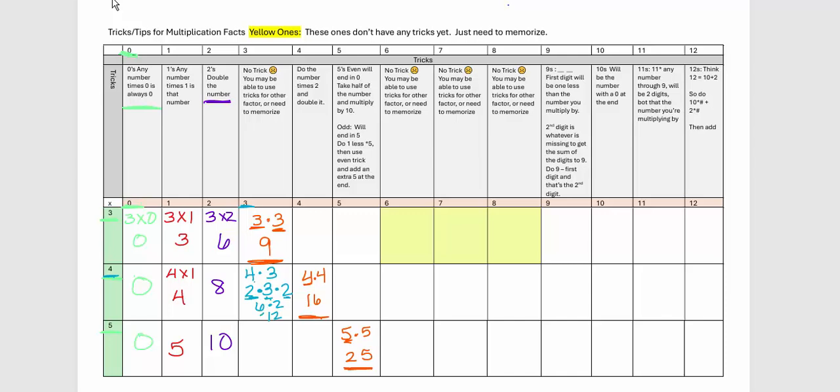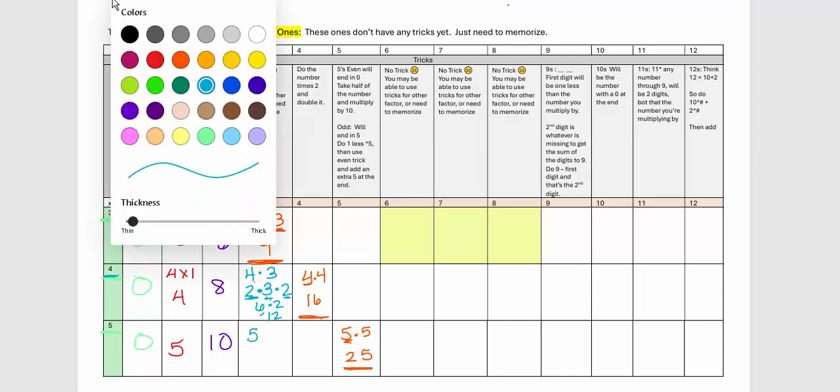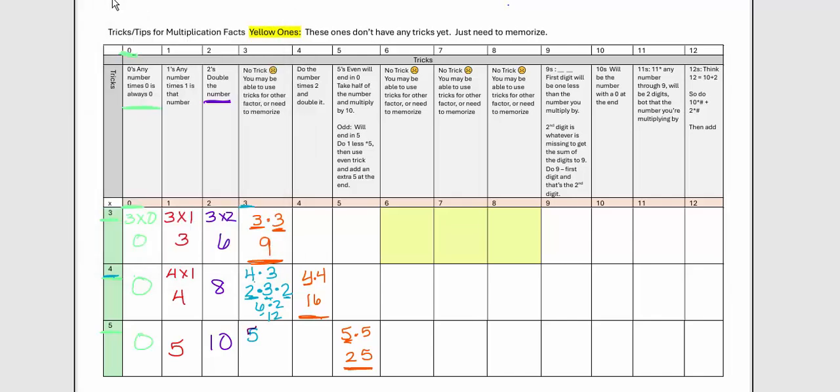Here we have 5 times 3, and we'll use the trick for 5s. So the trick for 5s is that if you're multiplying a number times 5, like 3 times 5, this is odd, so we know the last digit is going to be a 5.